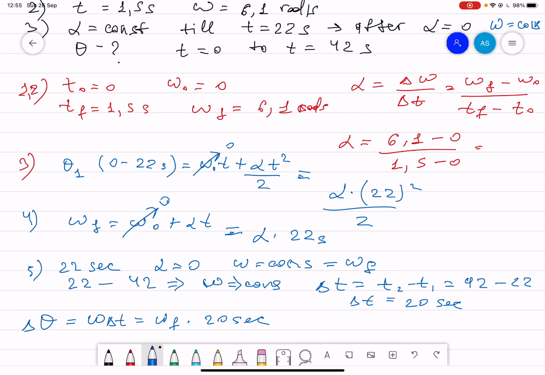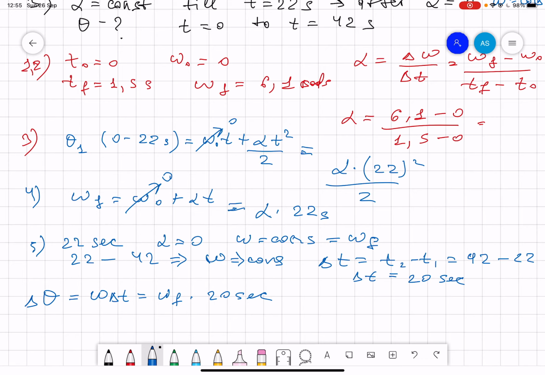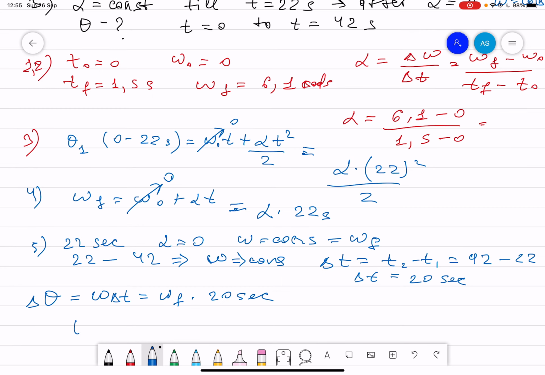Then you can find delta theta. Finally, total theta is equal to theta 1 plus this delta theta. So that's it.